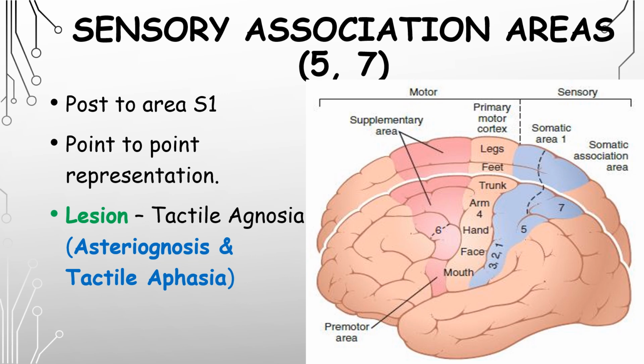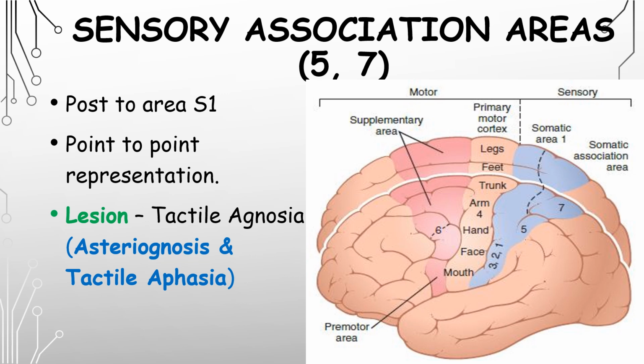Area 7 is concerned with more elaborate discrimination between stimuli. Finally, area 40 is the higher association area in the parietal lobe.